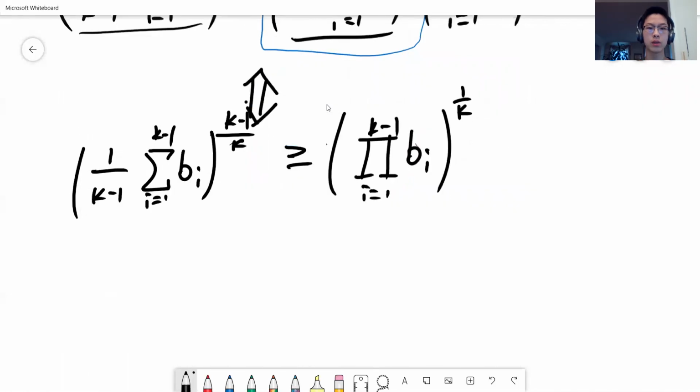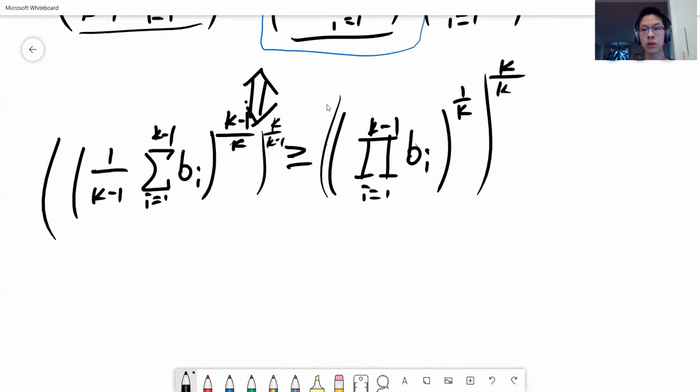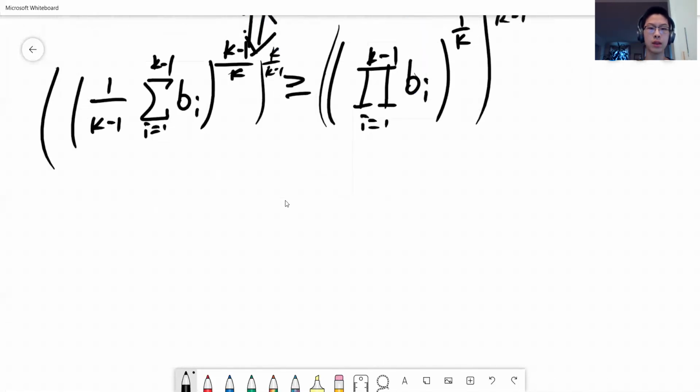So now we're going to take things to the k over k minus 1th power, which is okay because all the power maps are increasing functions. And that is going to imply our conclusion.